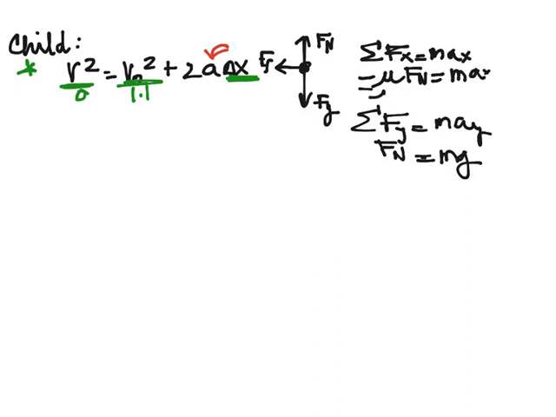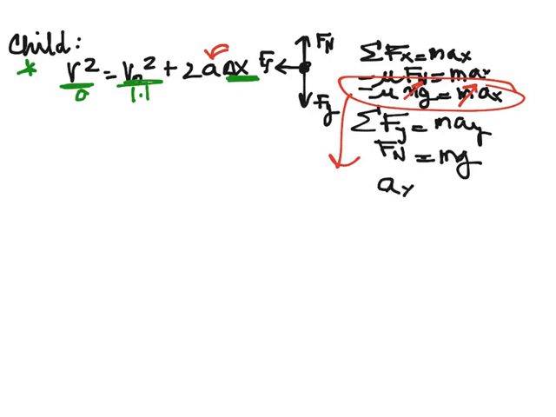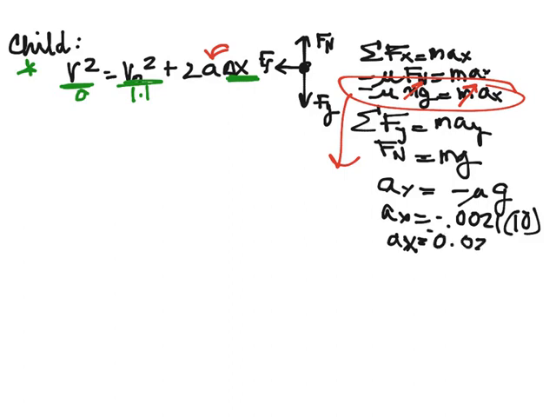So I have minus mu mg equals max. I can cancel out the m's, and I'm going to solve for a. I have ax equal to minus mu g, which is actually equal to negative 0.021 meters per second squared.